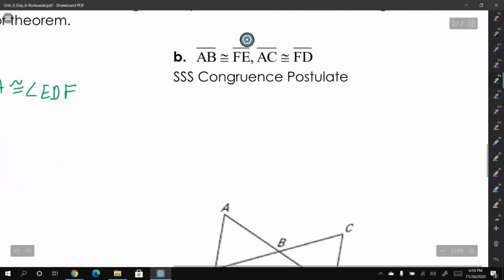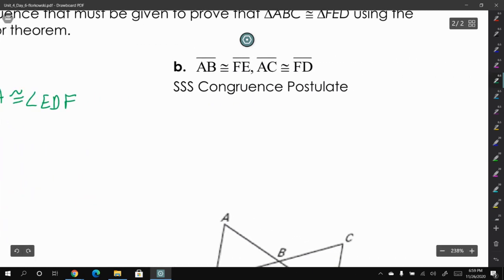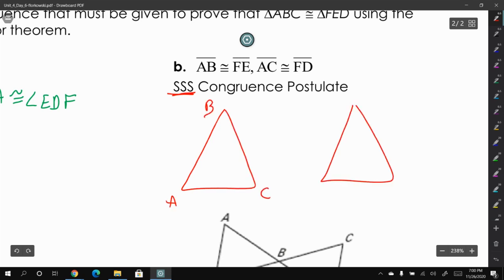And then letter B here, all right, we want to use the side congruence postulate this time. So again, let's write triangles ABC and triangle FED, and we have AB is congruent to FE, so AB and FE are congruent.